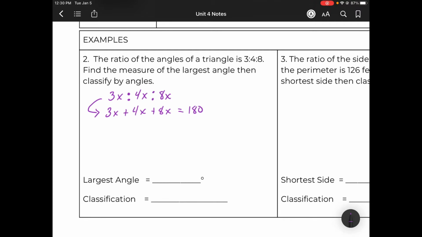And as we look at this equation, all we need to do now is combine like terms. 3 plus 4 plus 8 combines to a total of 15x equals 180. And then we can divide by 15.